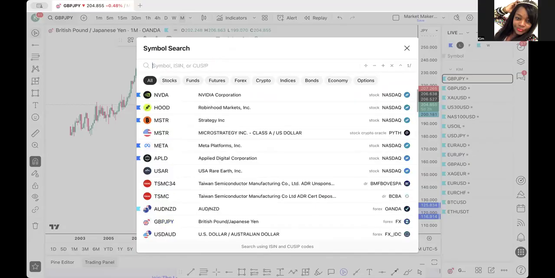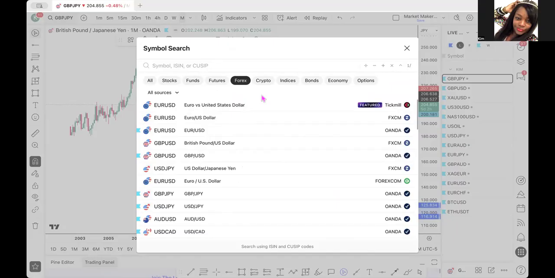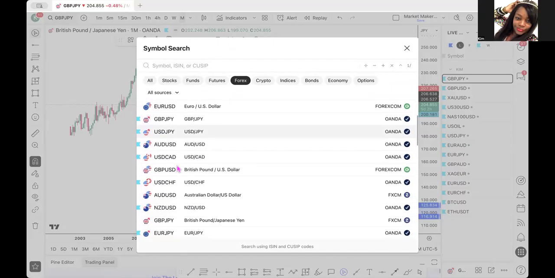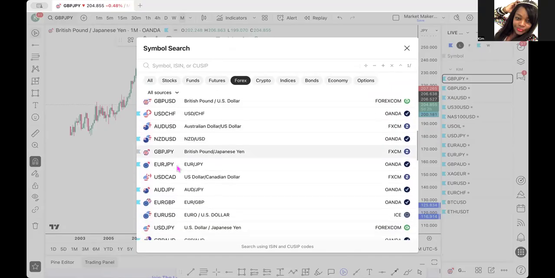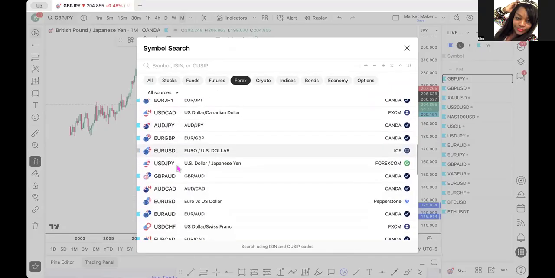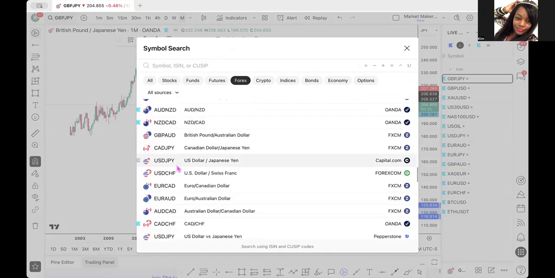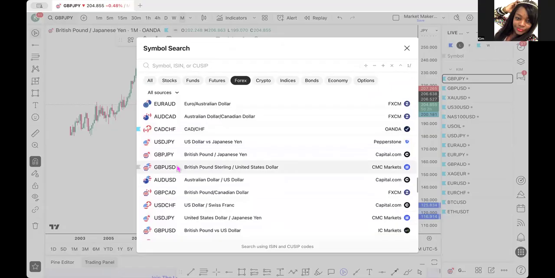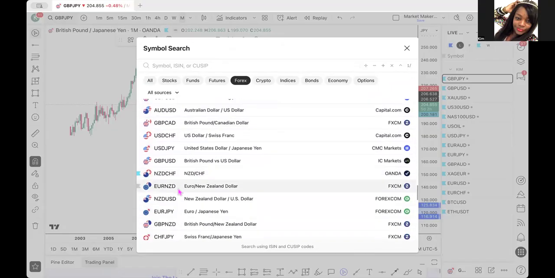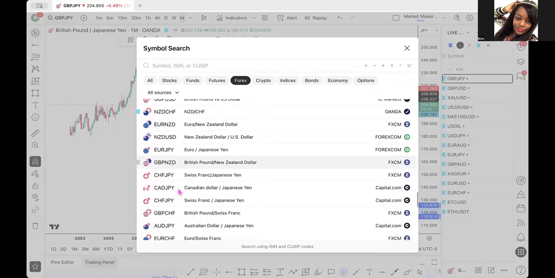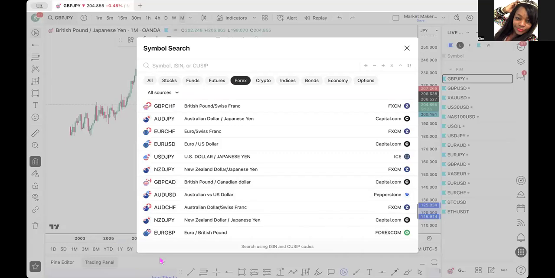If I look at Forex pairs, you see the US dollar is part of every major currency. The US dollar is always going to be involved in most of the other currencies.